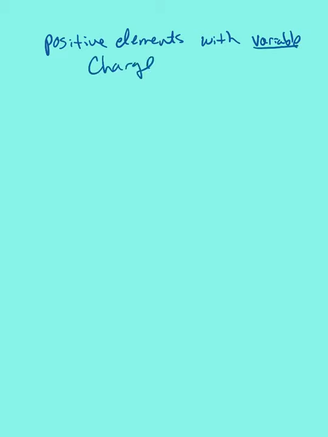Okay, so these are the positive elements with variable charge. So this means they're not always the same thing. So this makes it easier almost because there's nothing to know.